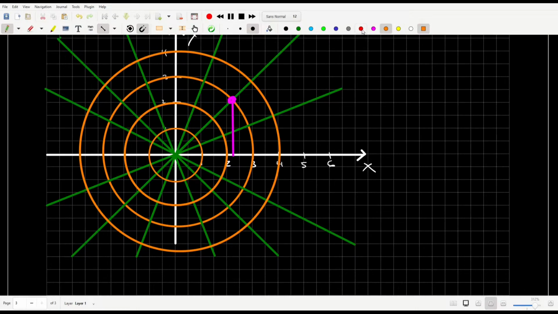It's going to have a y-coordinate of this y value right here. And it's going to have an r-coordinate of whatever the radius of this circle is, and a theta coordinate of whatever angle this angle is out to the point. And we can do this for any point in two-dimensional space.